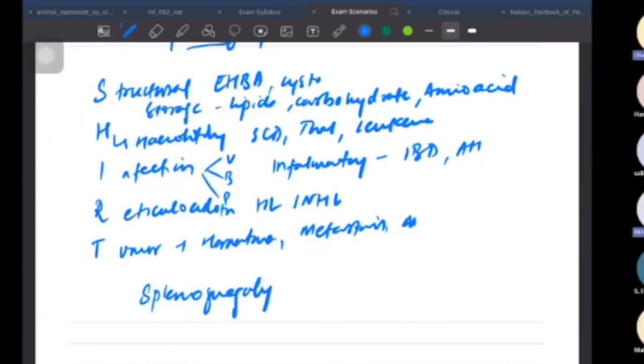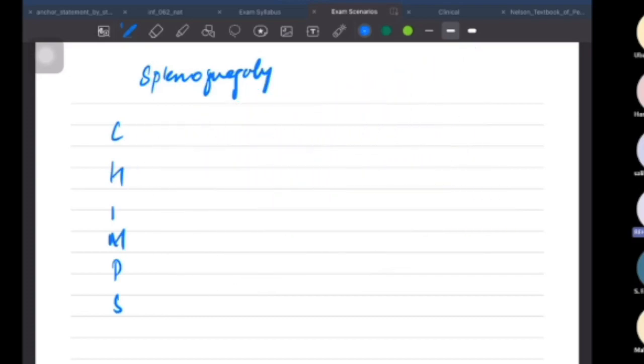I'm talking about isolated splenomegaly: hematological, infectious, and then storage. Because at the end of the day, we can get confused with the mnemonics.